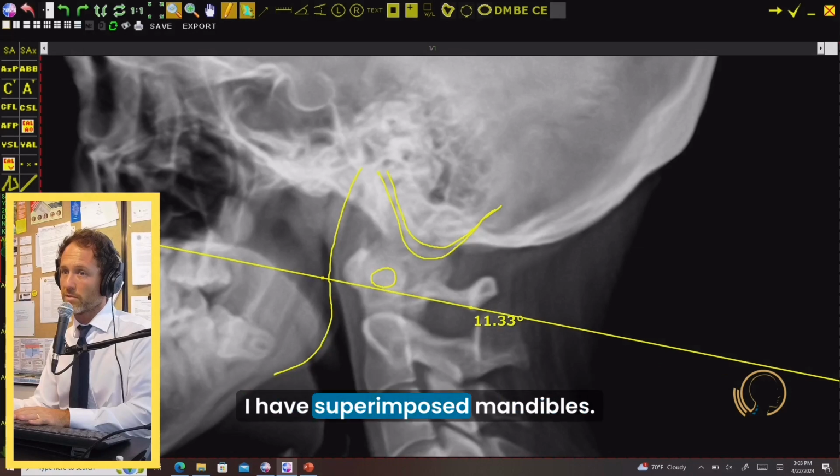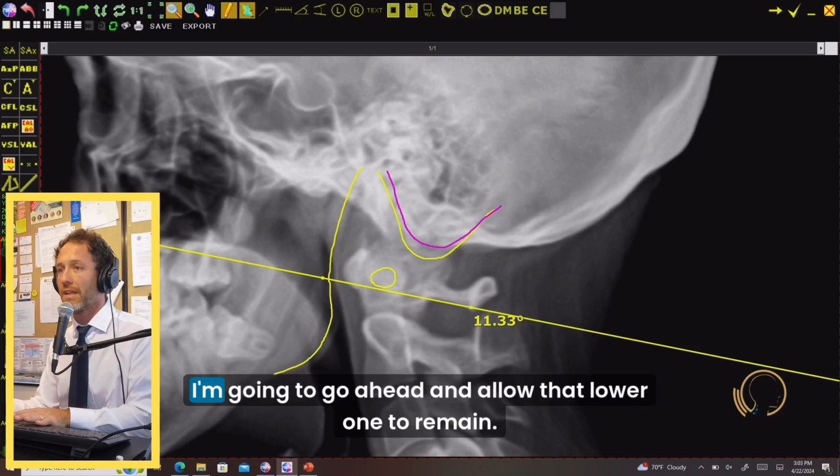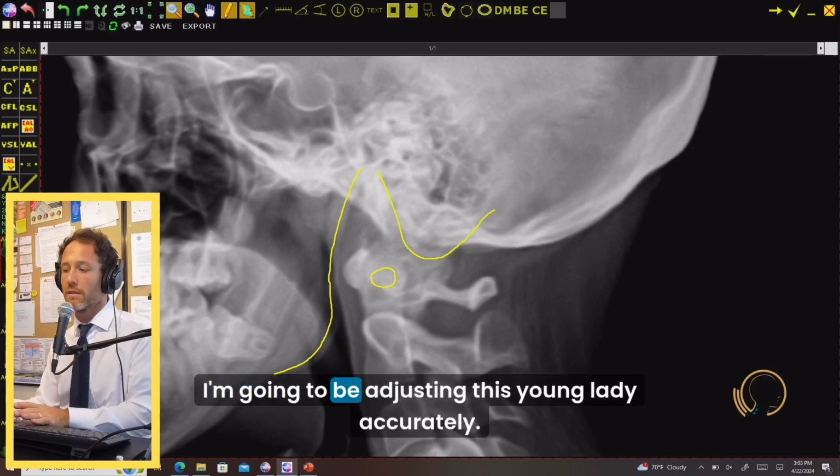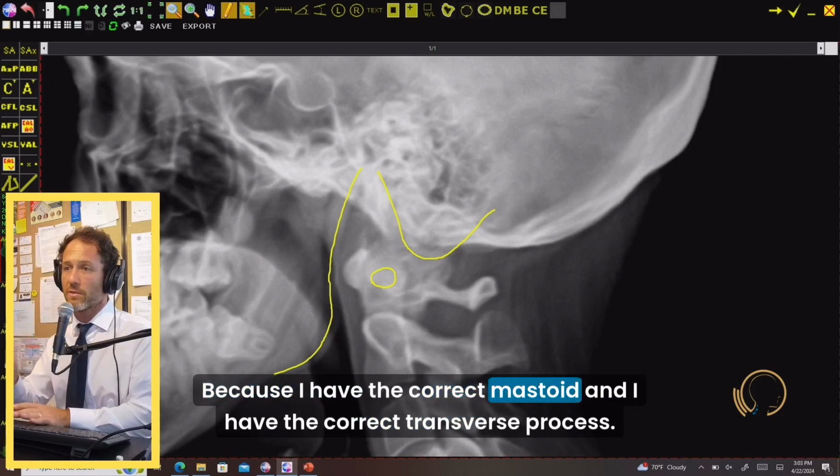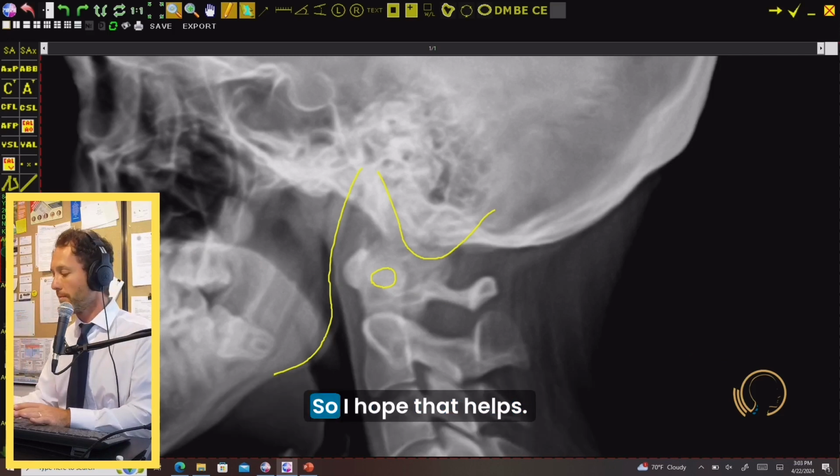I have superimposed mandibles. That skull is level on my film. I'm going to go ahead and allow that lower one to remain. And now I'm going to be adjusting this young lady accurately because I have the correct mastoid and I have the correct transverse process. So I hope that helps.